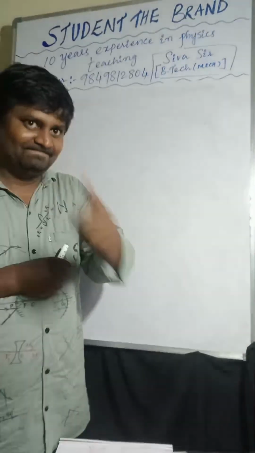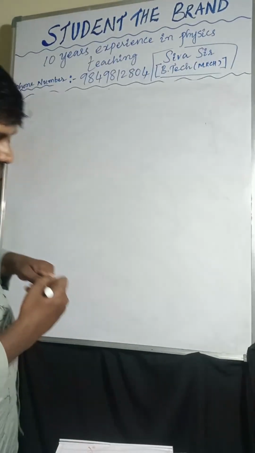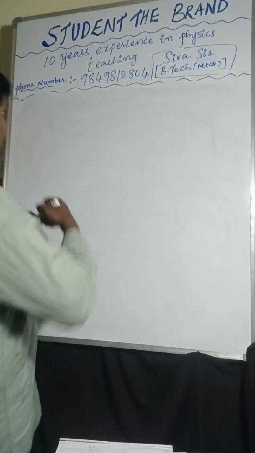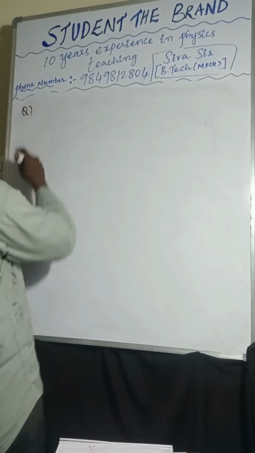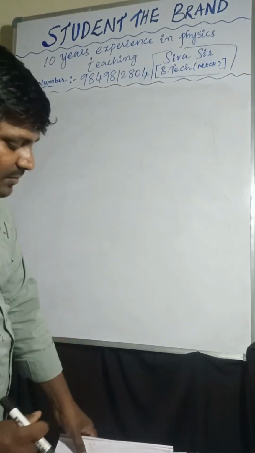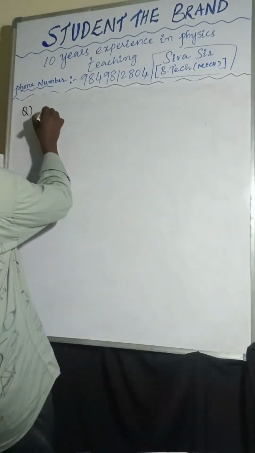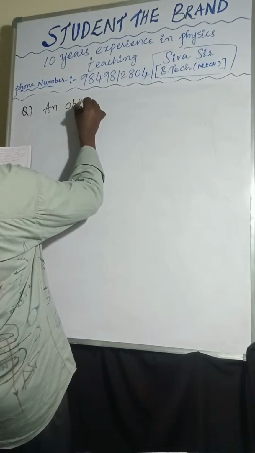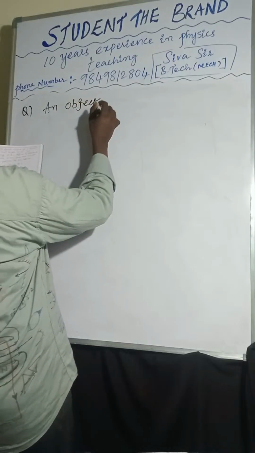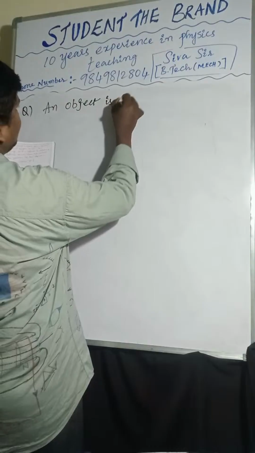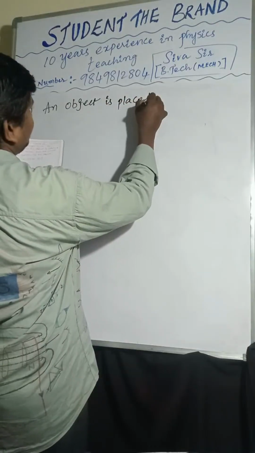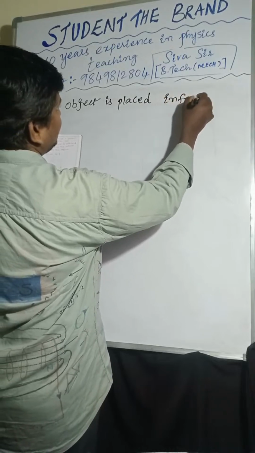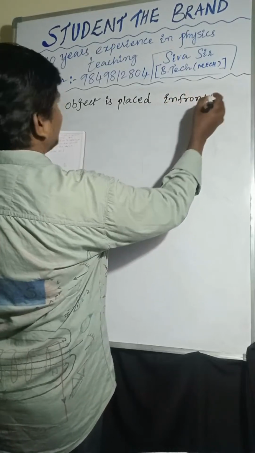Yes. So then an object is placed. Question: an object is placed. All distances are measured from the pole.